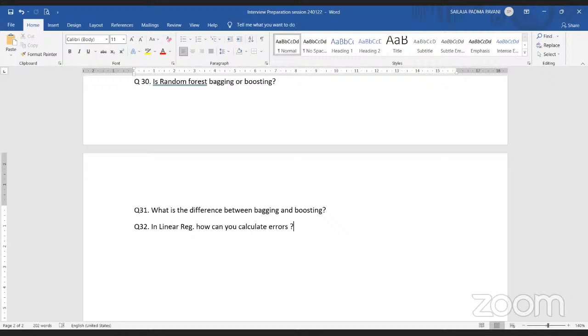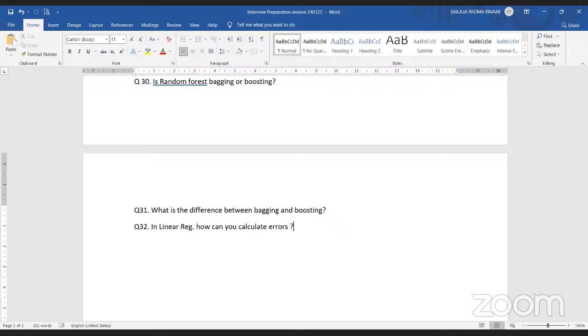Suppose you have a graph with x1, x2, x3 on the x-axis and the outputs on the y-axis. At each x value you have y values, so the original one and the predicted one have a distance between these two points at each value of x1, x2, x3.